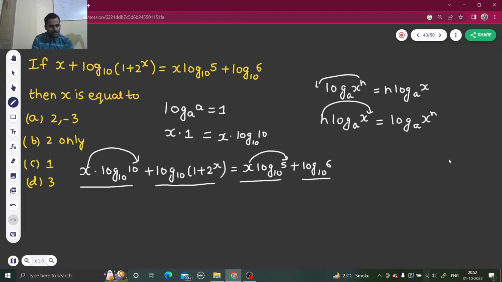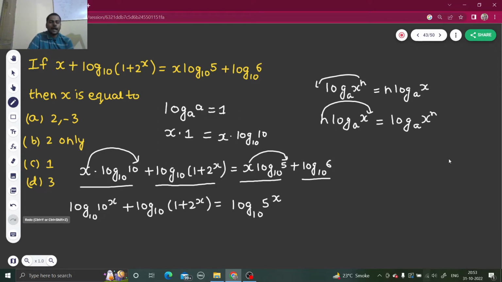So we will get log 10 power x, base is 10, plus log 10 (1 plus 2 power x) equals x log, and this x I want to send to the power, plus log 6. Fine.